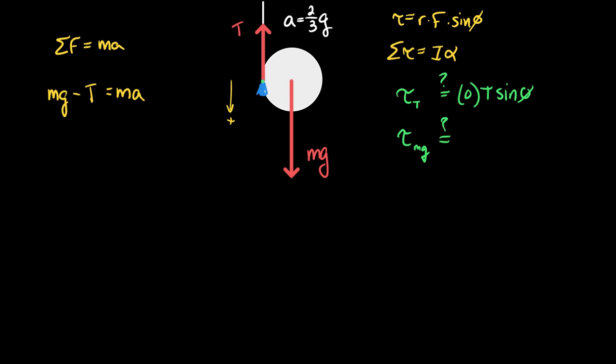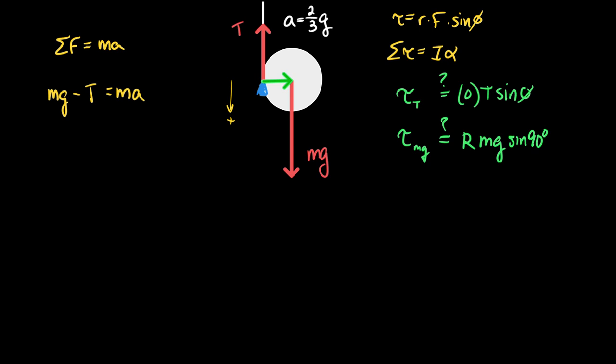So now I will look at the other possible torque. The distance from the pivot point to where the weight's applied appears to be the radius of the toilet paper. So I'm going to put a big R here for radius. I'm going to put an mg for the force. And it looks like 90 degrees to me, so I'm going to put the sine of 90 degrees.